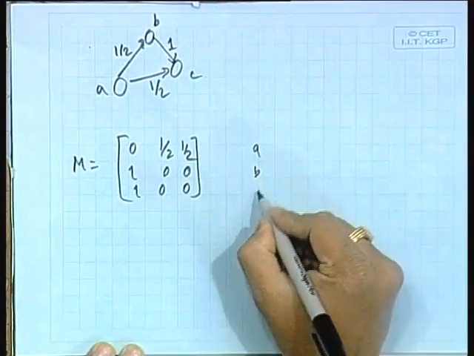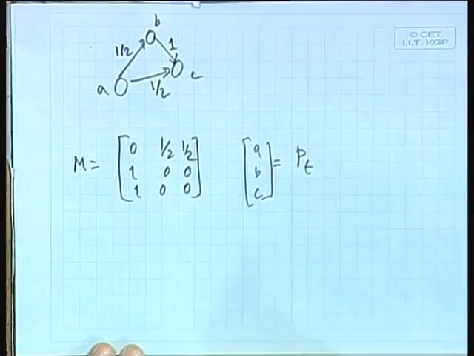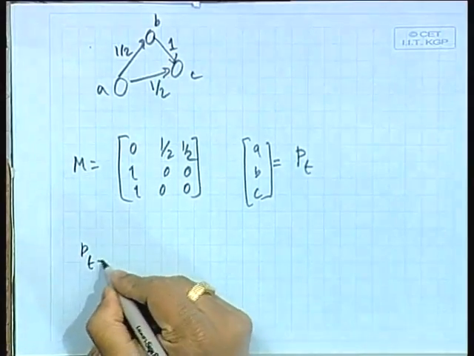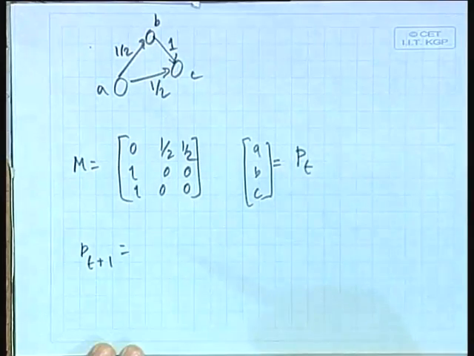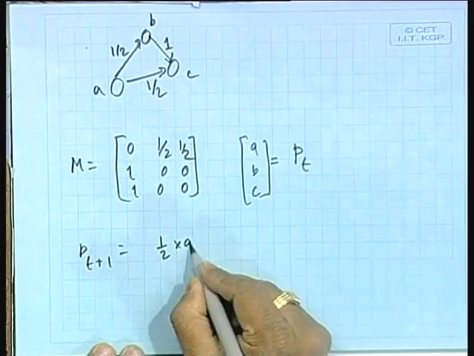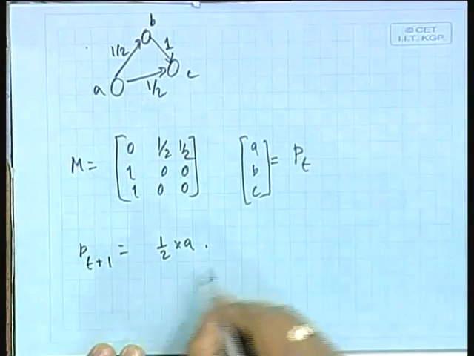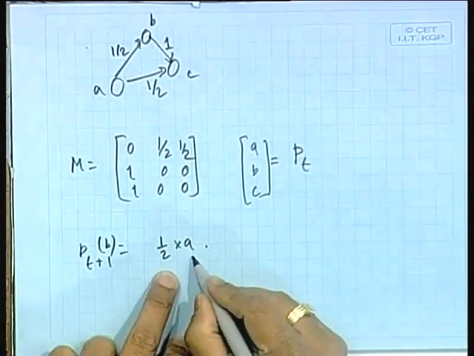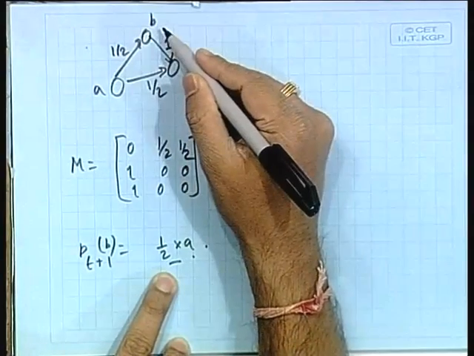So, this is the vector which I call Pt, by definition this is what Pt is. Now what will be Pt plus 1? The probability that in the next step you will be at B, you could come to B from A, so it will be half into A and that is all, for B. So you see when you compute this, you do not look at where you can go from B, you look at from where you could have come from.